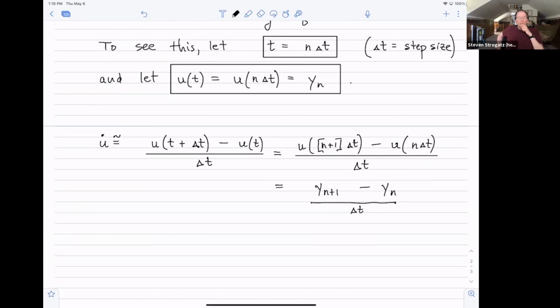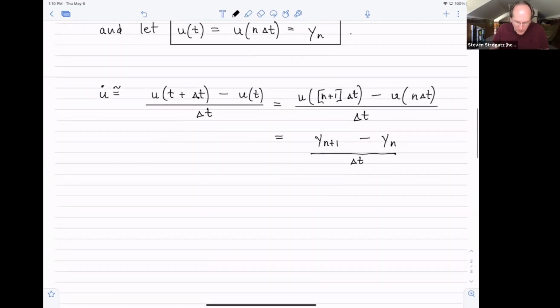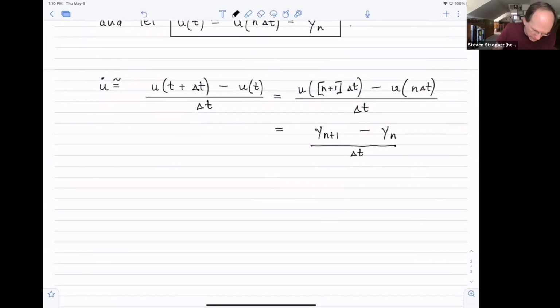Okay, so that's how you would write first derivatives in this discrete way. And then similarly, a second derivative, by the same kind of reasoning, y double dot would be approximately yn plus 1 minus yn over delta t.